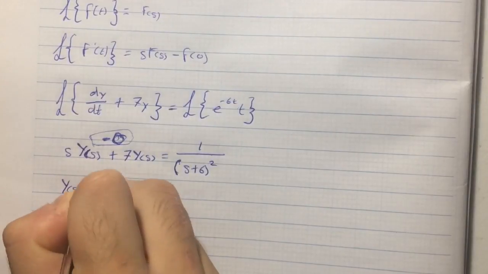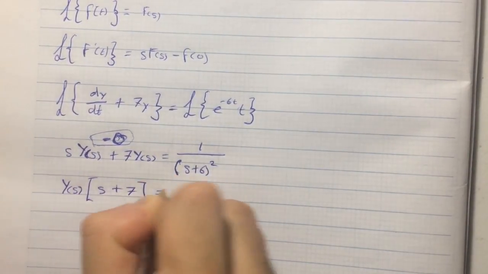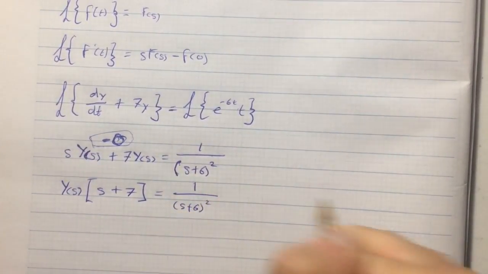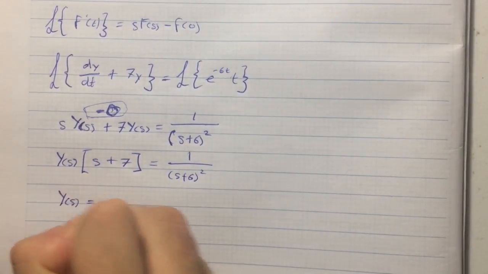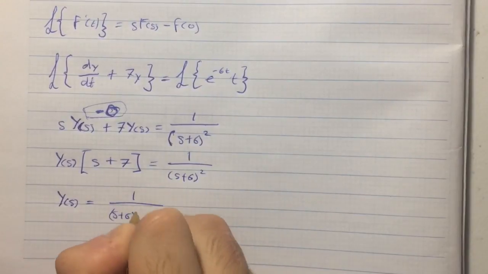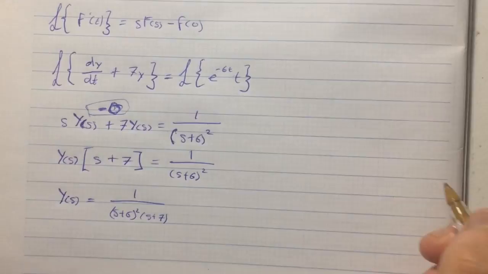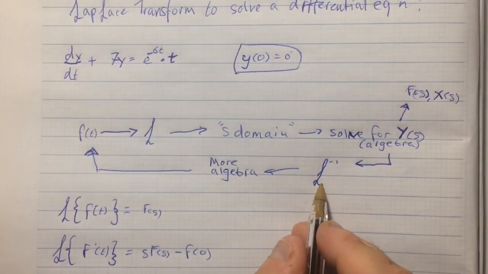Y(s) times (s plus 7) is therefore equal to 1 over (s plus 6). So therefore Y(s) is equal to 1 over (s plus 6)(s plus 7). And now, because I've got Y(s) on its own, I can go back to the first step.